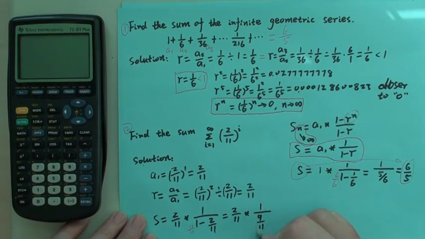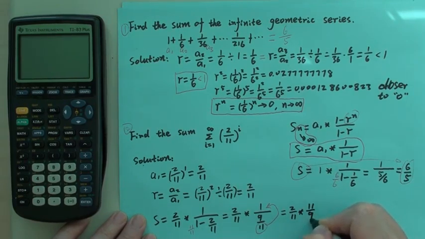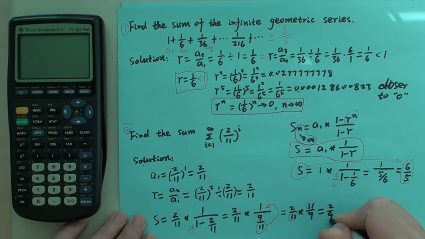Now flip this 11 up, so that's 2 over 11 times 11 over 9. Then you cancel these two 11s, and what you get is 2 over 9.